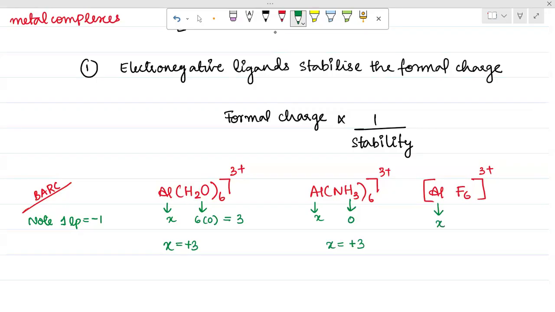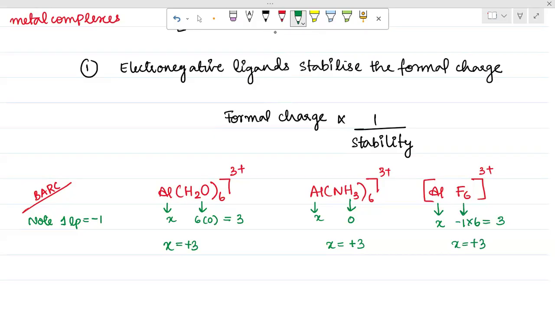Here, fluoride. We said that fluorine, chlorine, bromine, those are never going to be a ligand because the octet is not complete. So it should be fluoride. So if it is fluoride, this is -1 into 6, giving 3-. That is X minus 6 is equal to -3, X is equal to +3. So we can see that the oxidation states of the metal are the same throughout.